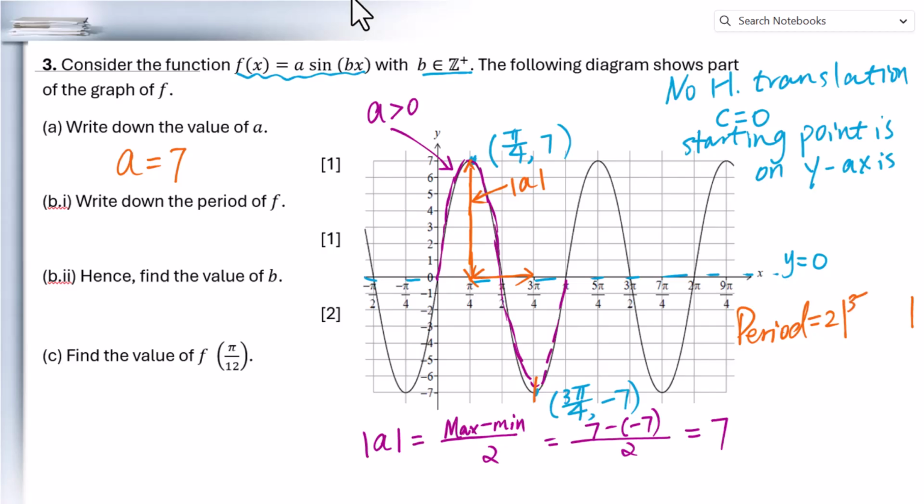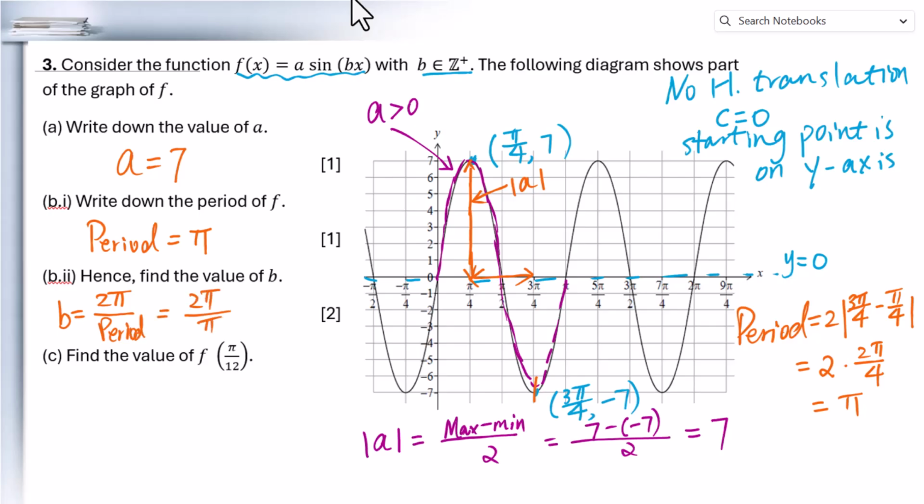So we get 3 pi over 4 minus pi over 4 in absolute value, 2 times 2 pi over 4 equals pi. Period equals pi. Hence, find the value of b. b equals 2 pi over period equals 2 pi over pi equals 2.